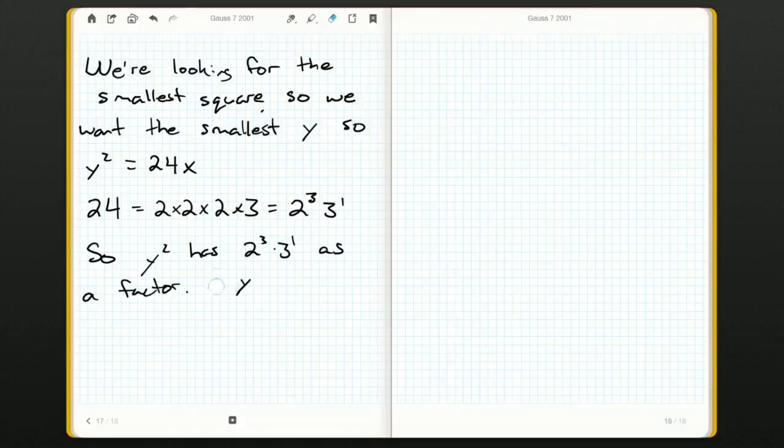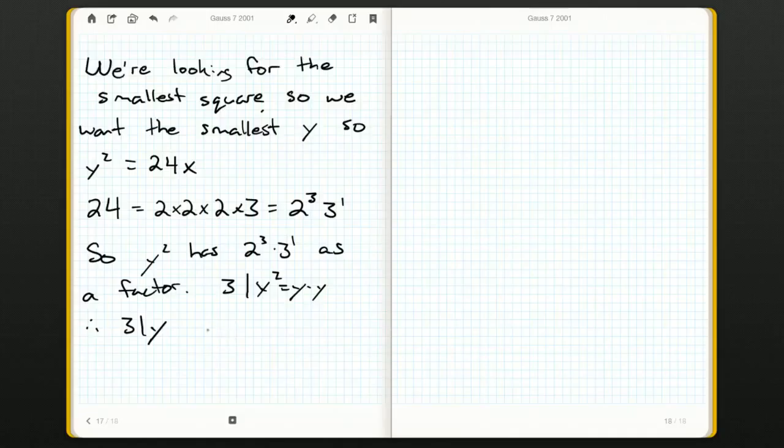So we can see that 3 divides y squared, which is just y times y. And since 3 is a prime, we know then that 3 divides y.